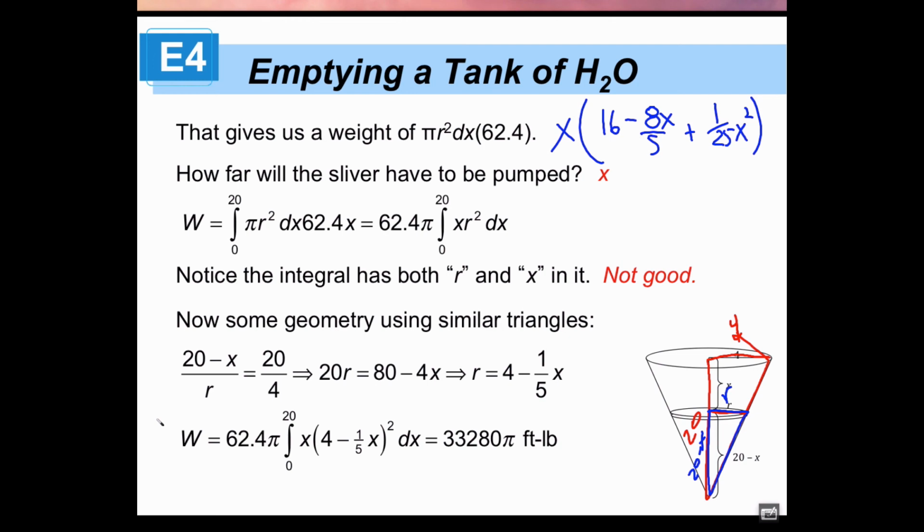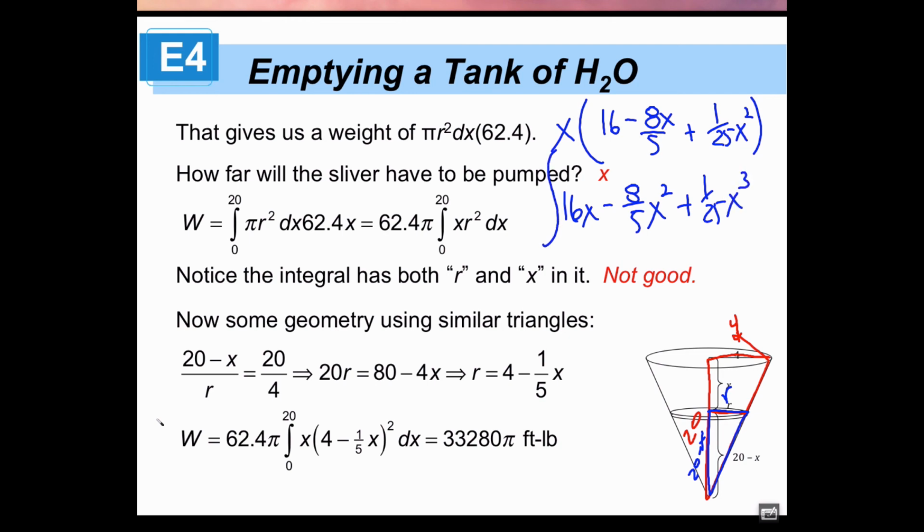Then I would distribute the x and get 16x minus 8/5 x squared plus 1/25 x cubed.